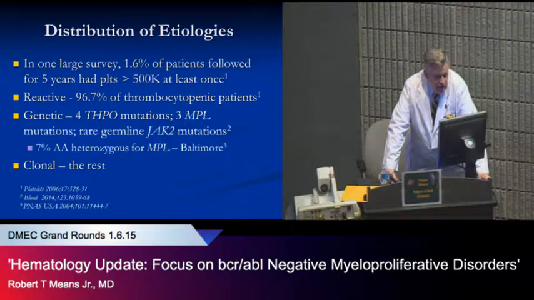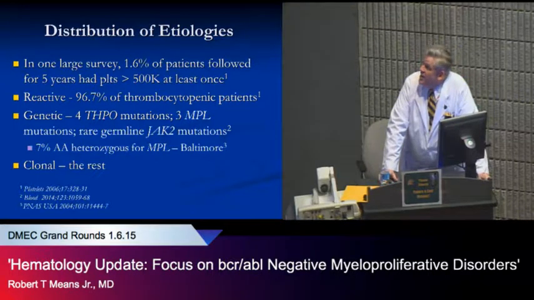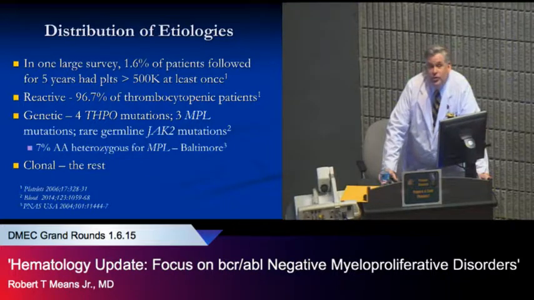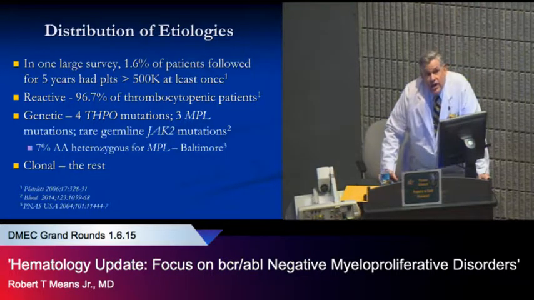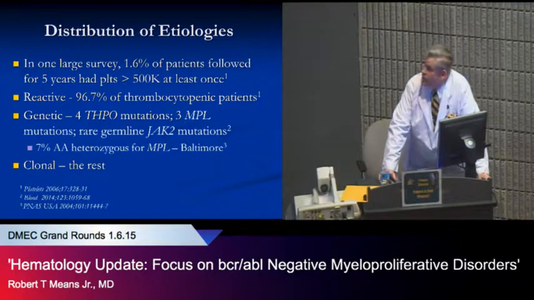If you look at genetic disorders associated with it, there are 4 thrombopoietin mutations and 3 thrombopoietin receptor mutations. Occasionally you can run into a hereditary JAK2 mutation, but they're uncommon. It is interesting to note that this might be more common than we think, since thrombopoietin receptor mutations are seen in the heterozygous state in 7% of African Americans, although the platelet count in that population is actually normal.